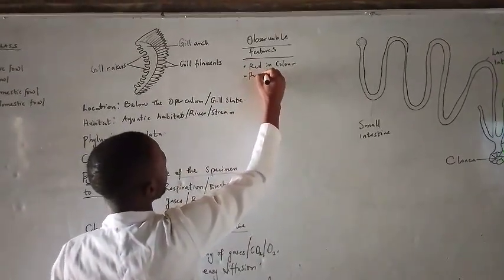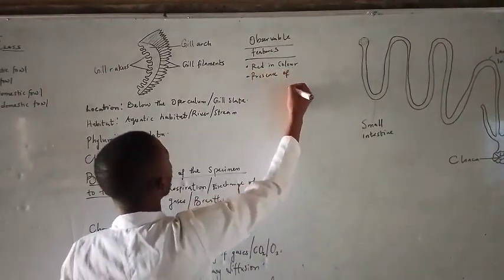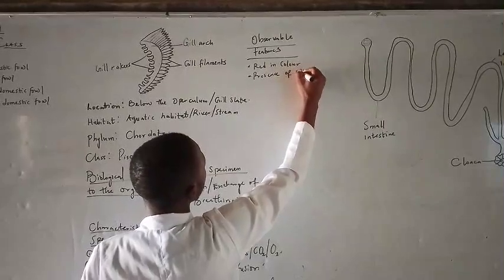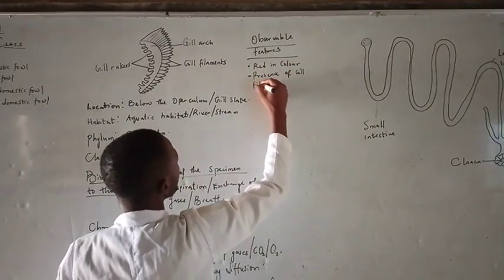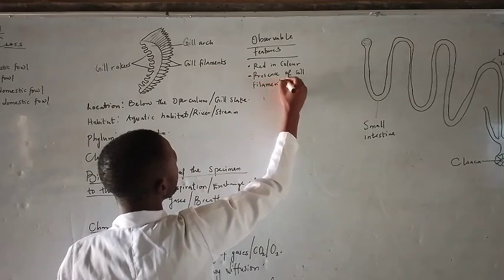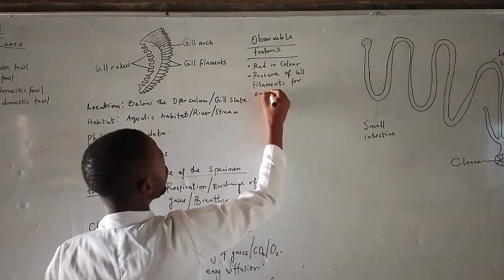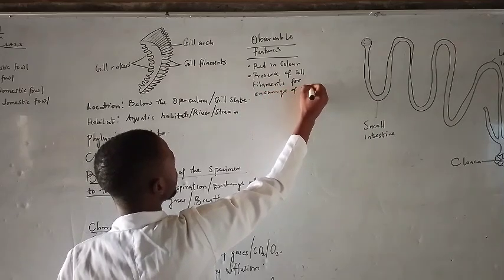Number two, we have presence of gill filament for exchange of gases.